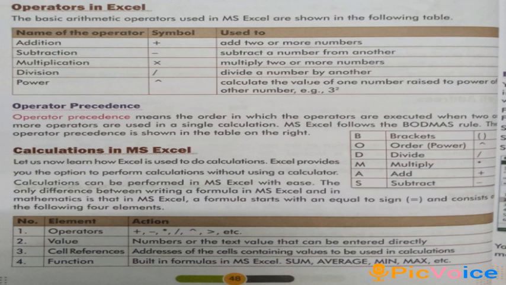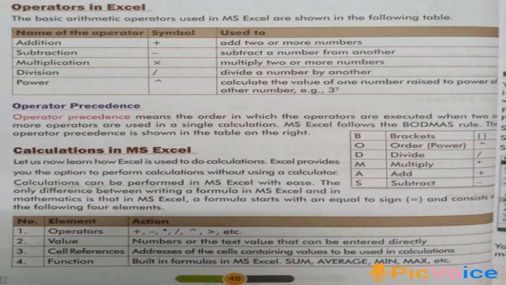And MS Excel follows the BODMAS rule. B for brackets, O for order or power, D for divide, M for multiply, A for add, and S for subtract. Then calculations in MS Excel.